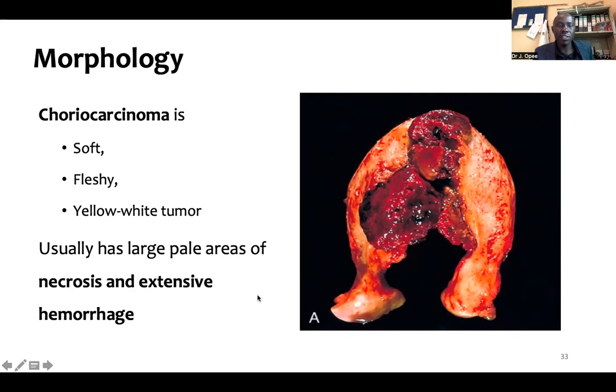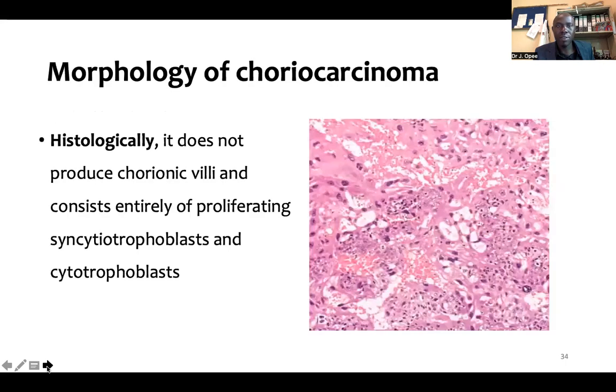They have areas of necrosis and extensive hemorrhage. In this area here, you can see extensive hemorrhage and necrosis. Very clear. But pathologists normally will give you this other finding, that it does not have chorionic villi. They will say absent chorionic villi, consistent with structures that proliferate with syncytiotrophoblasts and cytotrophoblasts.